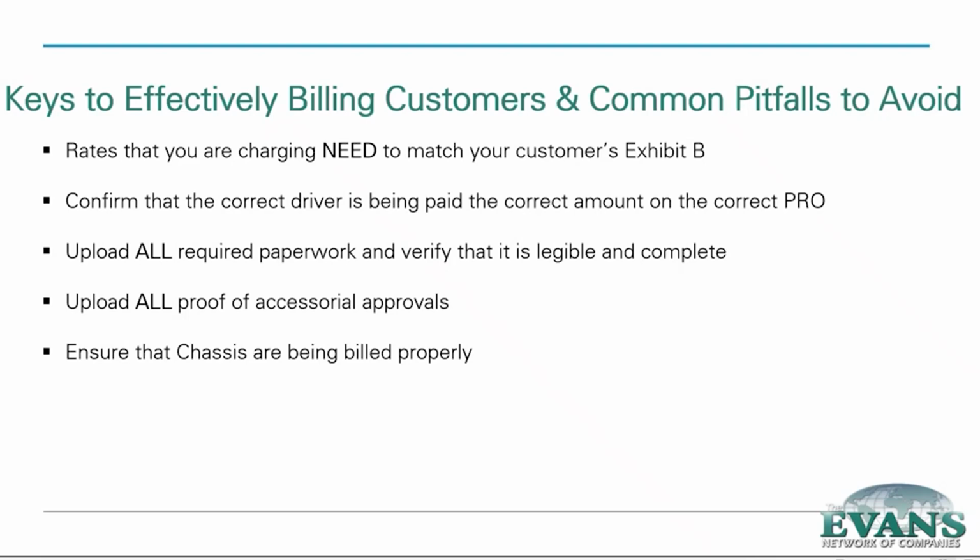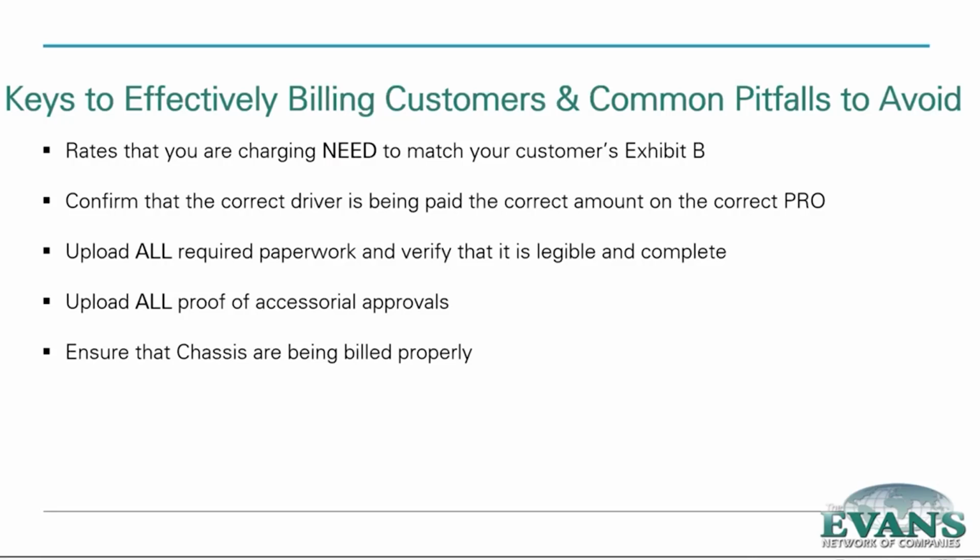One call that you won't get normally is the driver saying that he got someone else's pay. So that's up to you and the driver who got shorted to figure out. So you want to make yourself a check and balance system so that you can confirm that you're paying the correct driver the correct amount on the correct pro, always.